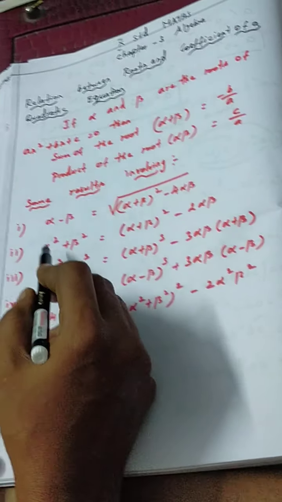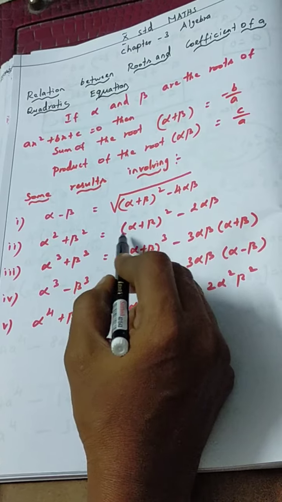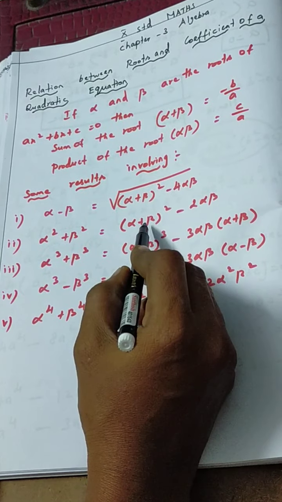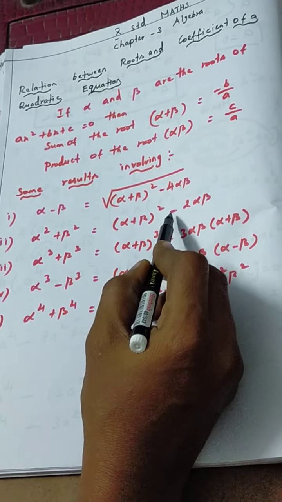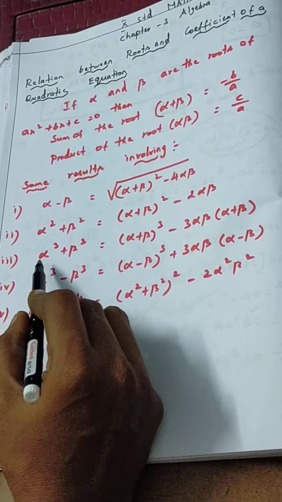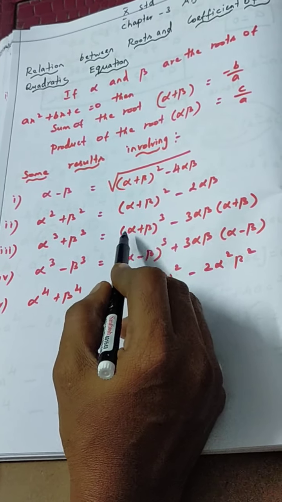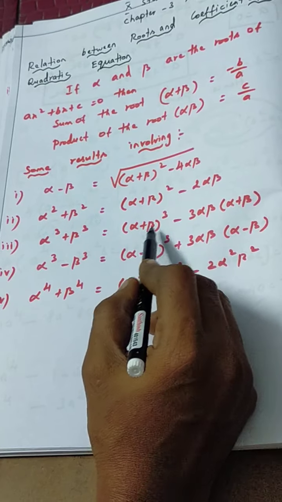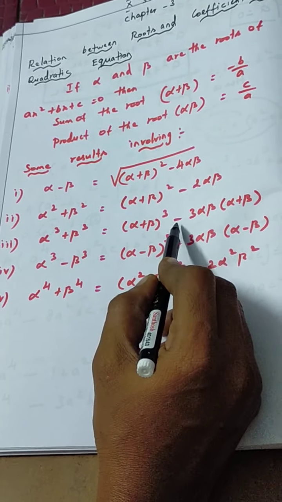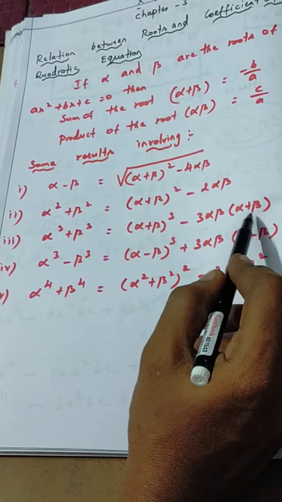Second one, alpha squared plus beta squared equals (alpha plus beta) whole square minus 2 alpha beta, with the minus symbol. Third one, alpha cube plus beta cube equals (alpha plus beta) whole cube minus 3 alpha beta, within bracket alpha plus beta.